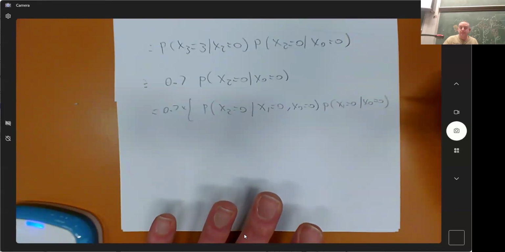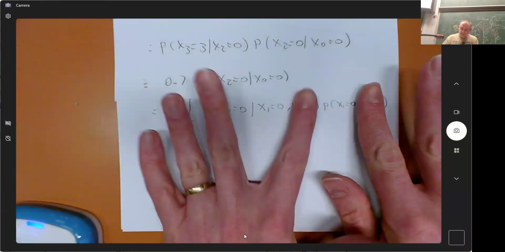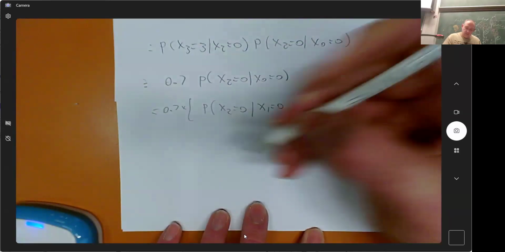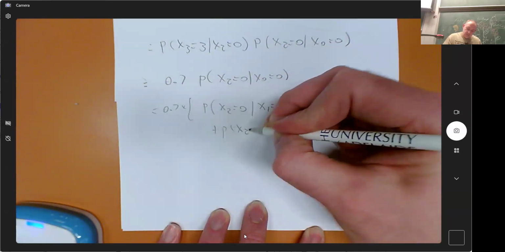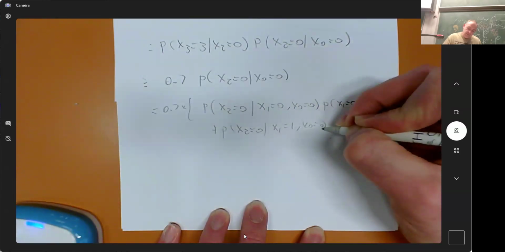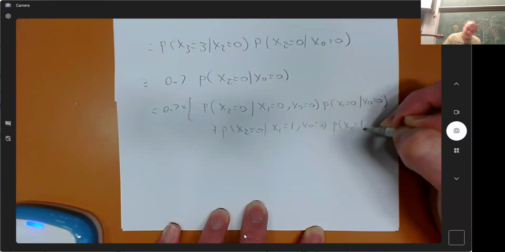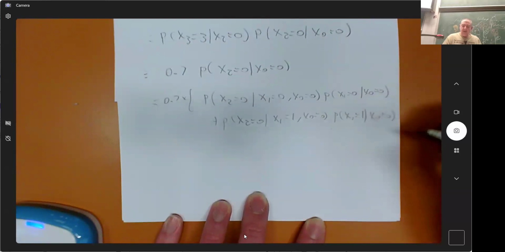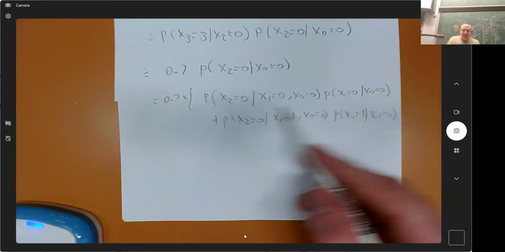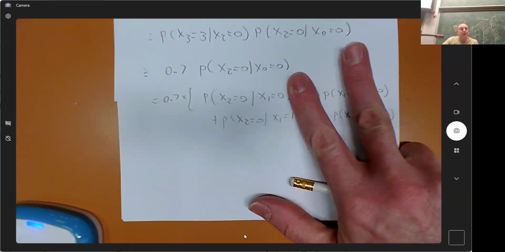Yep. Because that's how that works. Plus probability that x2 equals 0, given that x1 equals 1 and x0 equals 0 times probability that x1 equals 1 and x0 equals 0. And so on. And this probability is the same as the one without the x0.